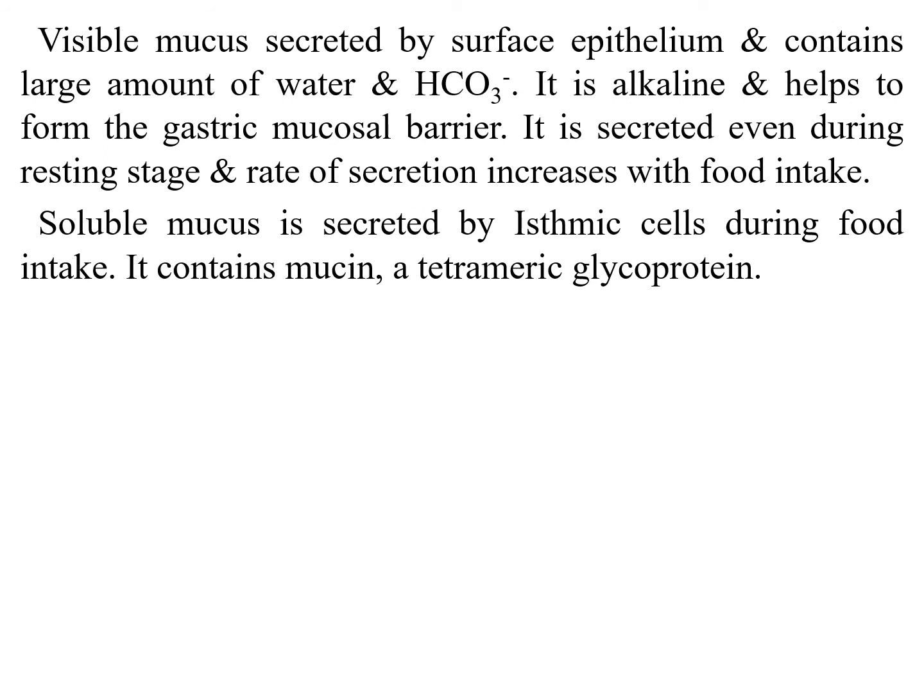The visible mucus is the secretion of the surface epithelial cells of the gastric mucosa, and it contains a large amount of water and bicarbonate. It is alkaline and helps to form the main mucosal barrier that protects the stomach wall from autodigestion.